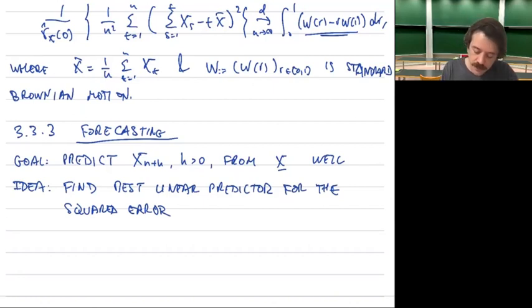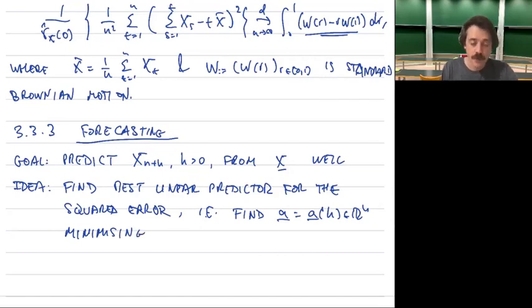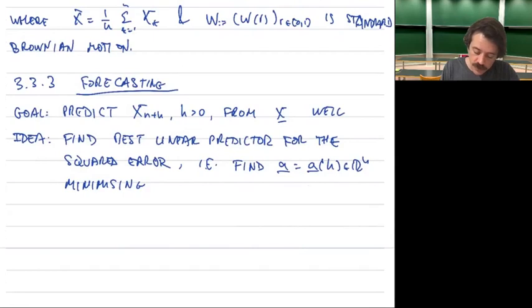And so in other words, what we wish to do is to find a vector that is going to be dependent on h, and it's going to have dimension n, minimizing the following quantity. Let's have a subscript n.